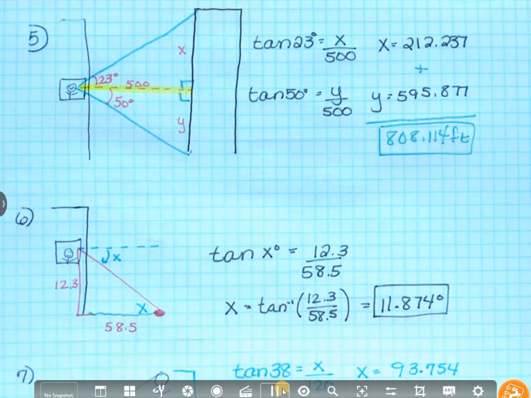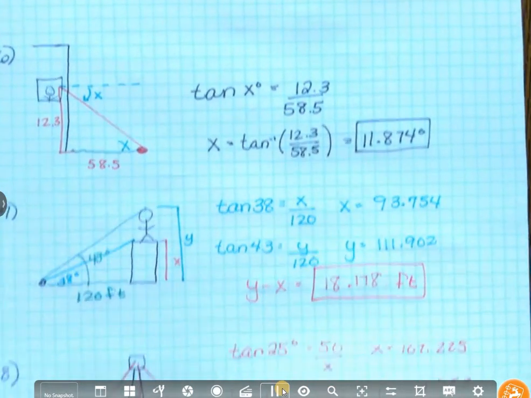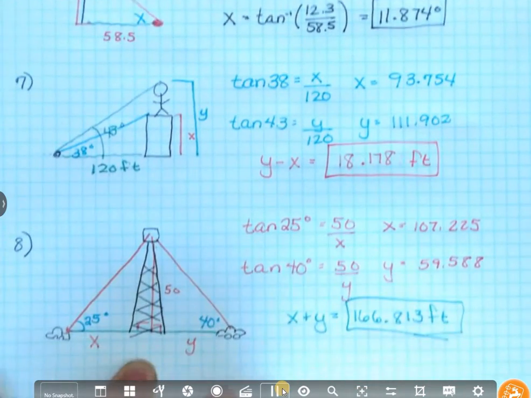Yes, sir? You typed something into your calculator wrong then. Try it again. Did everybody else get what I got on number 6? Was that accurate? Okay. Make sure you did 12.3 over 58.5.